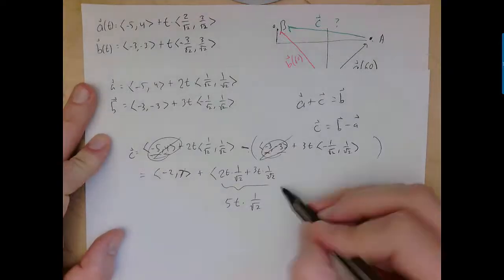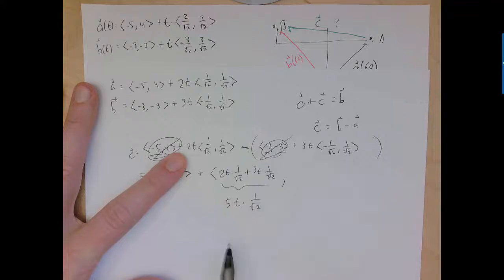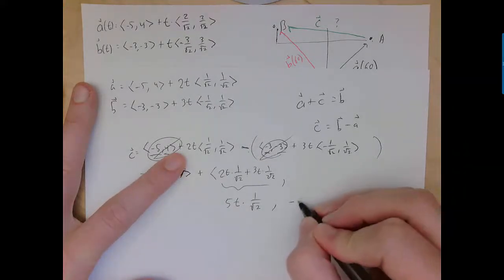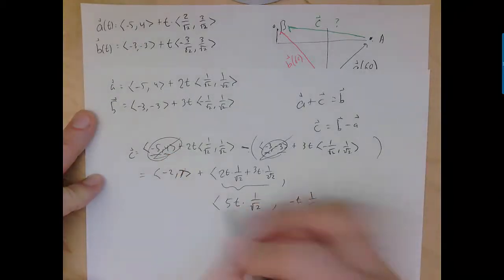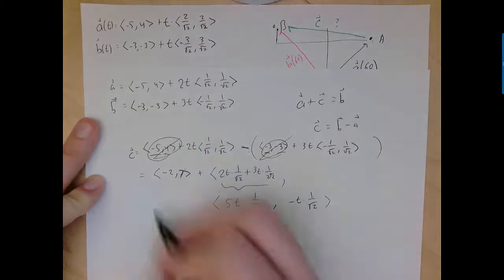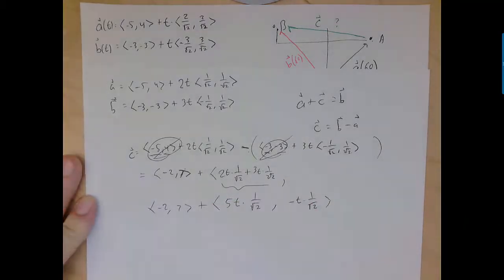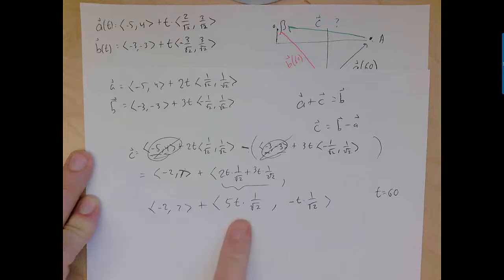All right. Let's do the y components. So this is 2t times 1 over root 2 minus 3t times 1 over root 2. So that's just negative t times 1 over root 2. And then I've still got the 7 there. All right. What was t? t was 60, right? I'm not ready to have t be equal to 60 though. Let's combine these first.